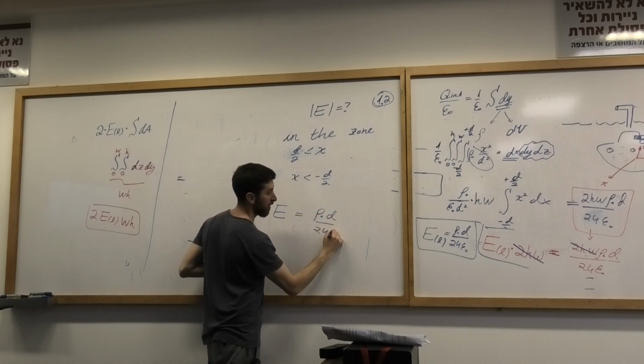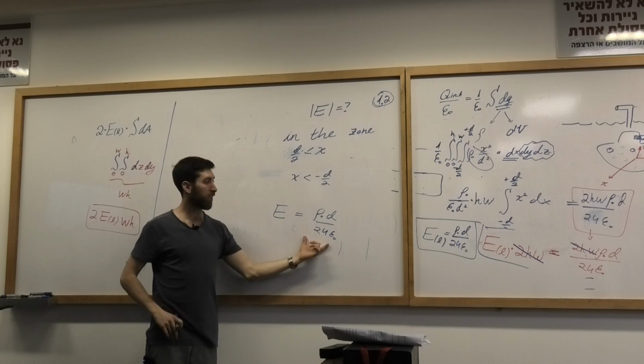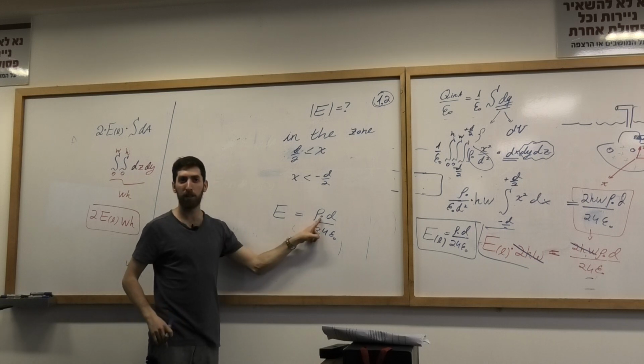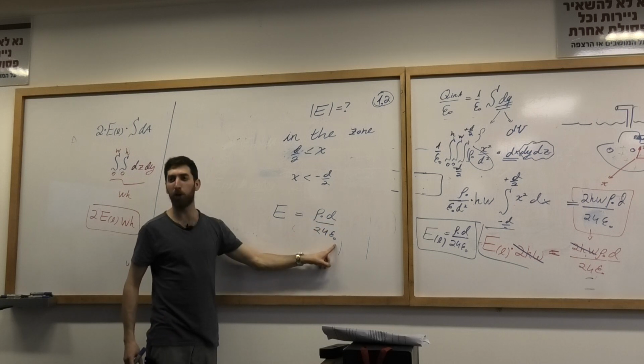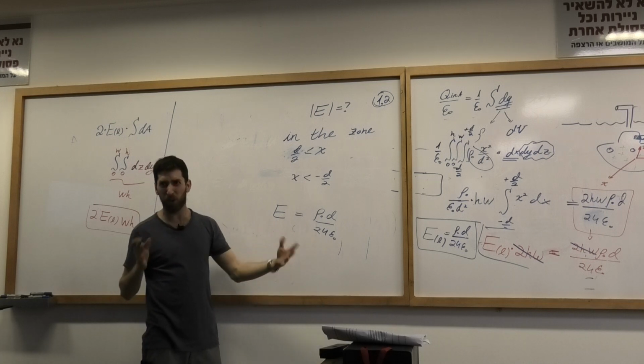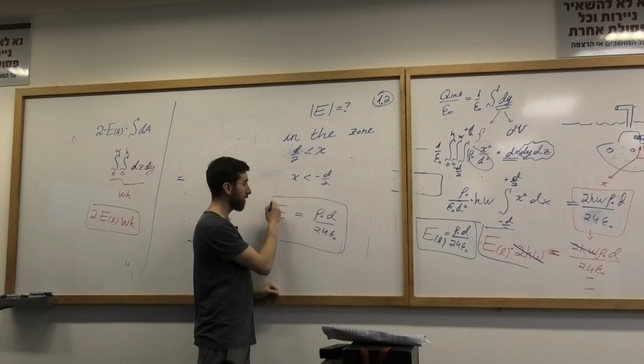And this is kind of a weird result. Why is it weird? This is a constant, this is a constant, 24 is a constant, and epsilon naught is a constant. The electric field outside of the wall is a constant. And the answer is yes. Why does this happen?